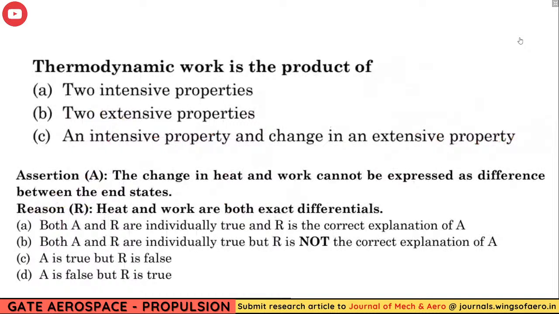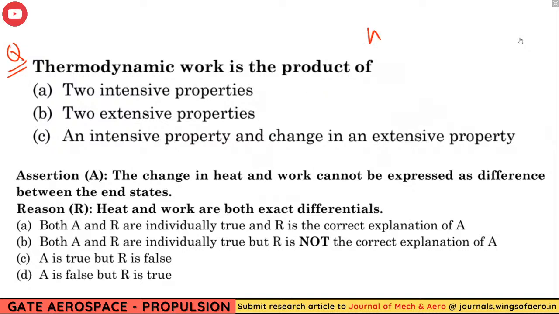Moving to next. Now look into the first question over here. Thermodynamic work is the product of what? 2 intensive properties, 2 extensive properties, or an intensive property and change in extensive property.